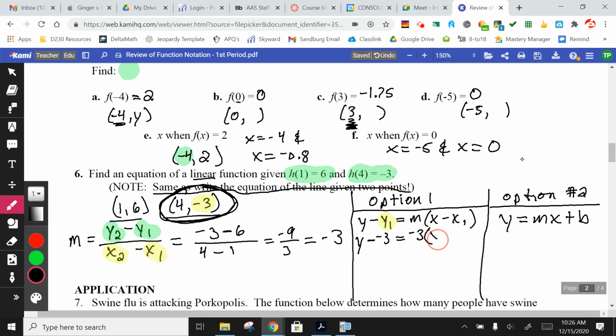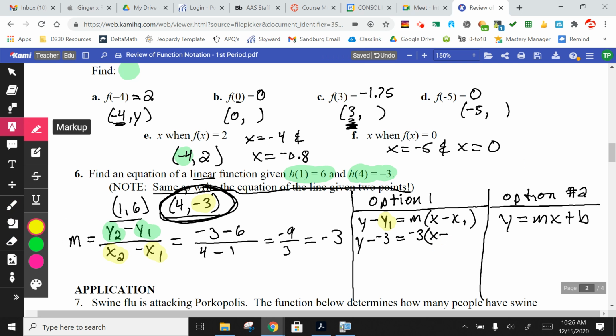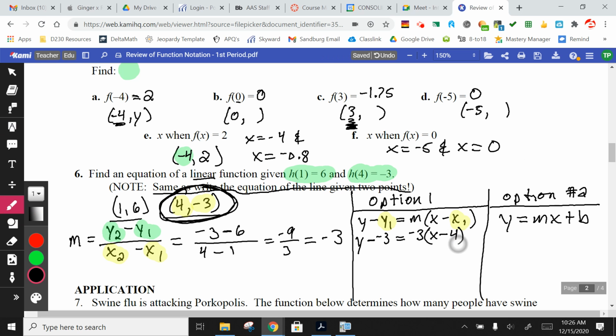Then you're going to have x minus, notice where you now see x sub 1. Now go to that exact same point that Ella picked. The x coordinate there is going to be a 4. So we're going to plug in a 4 right there. So our final answer, if we leave it in what we call point slope form, is this. Okay, so that's one option.